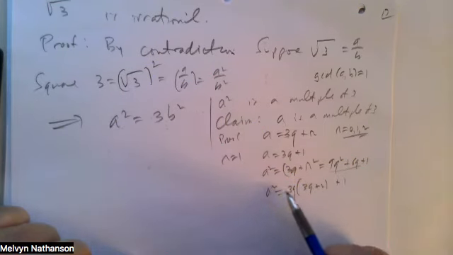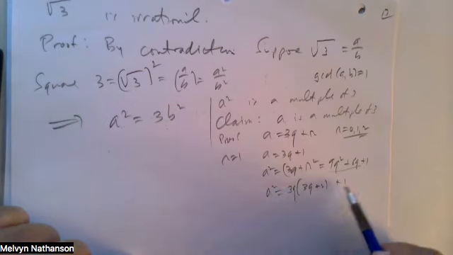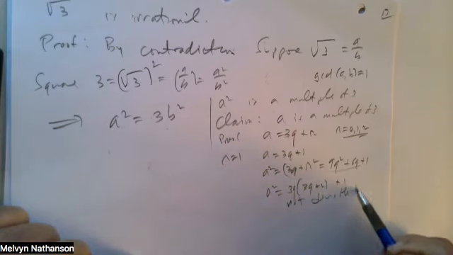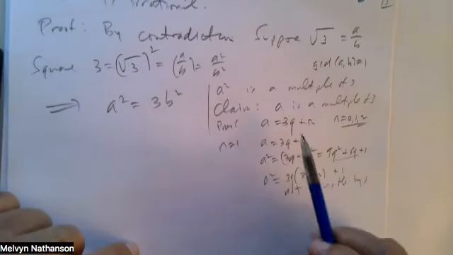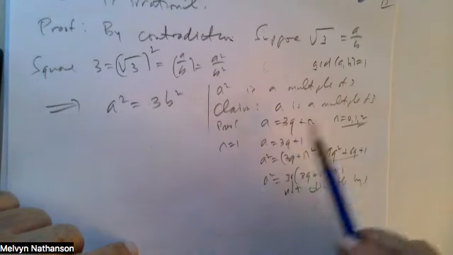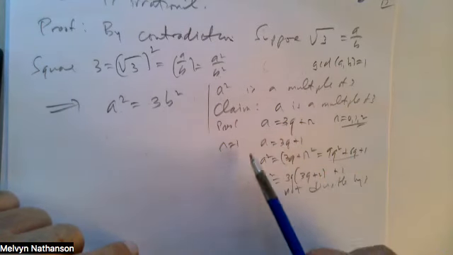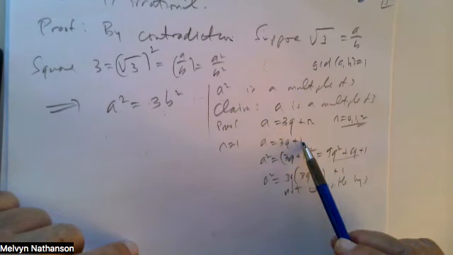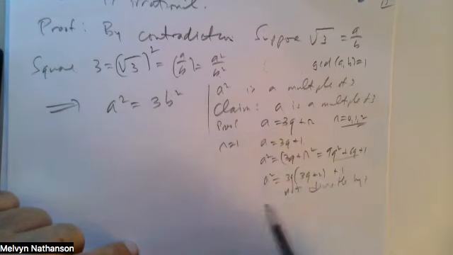So a squared is 3 times something plus 1. So this is not divisible by 3. So if a is 3q plus 1, it's not a multiple of 3.